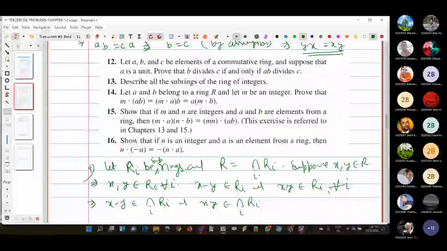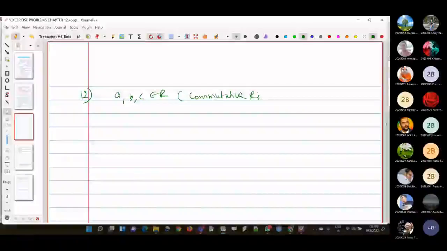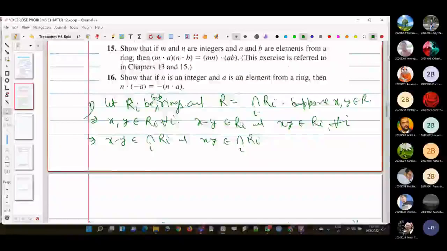Then question number 12 says that if A, B, C are elements of a commutative ring and A is a unit, then we need to prove that B divides C if and only if AB divides C. So A, B, and C belong to R, R is a commutative ring, and A is a unit.